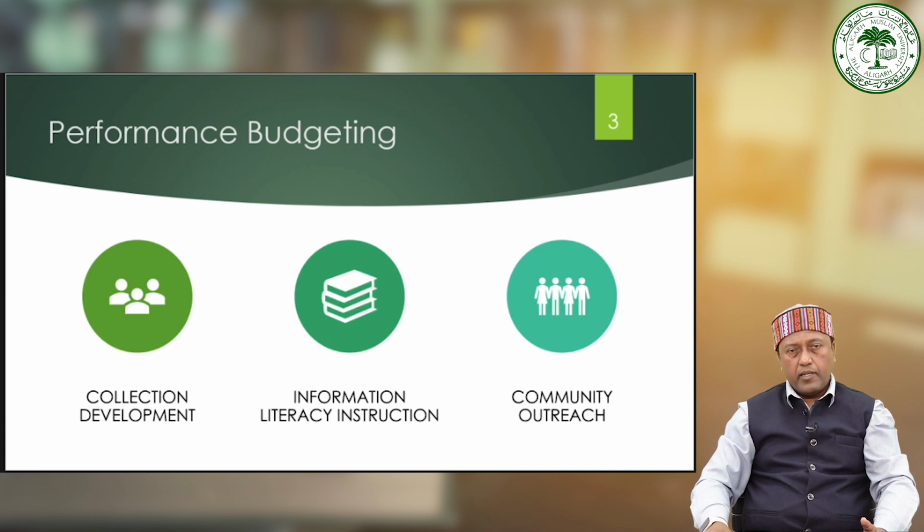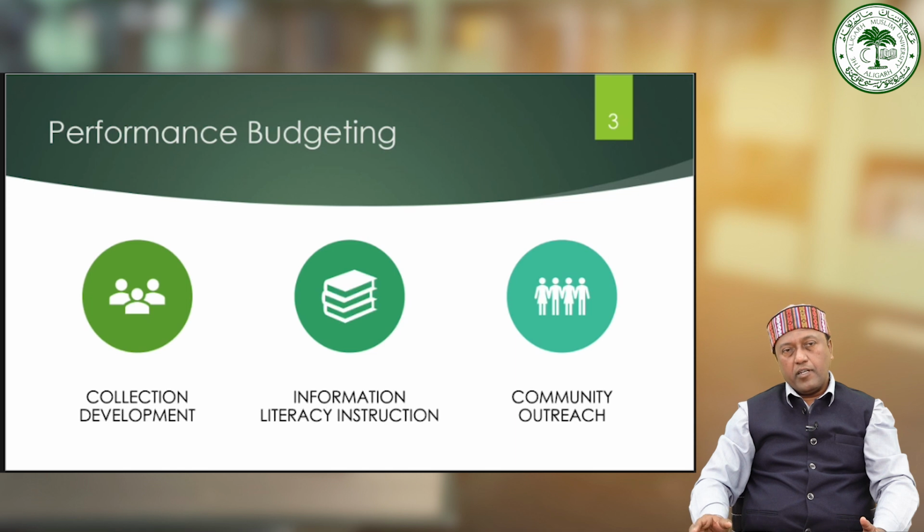So it has some advantages and some disadvantages. One is that it is very quantitative, and it doesn't take care of the qualitative aspects. Sometimes when you know that your whole activity is going to be quantified, the focus of your library staff also changes.